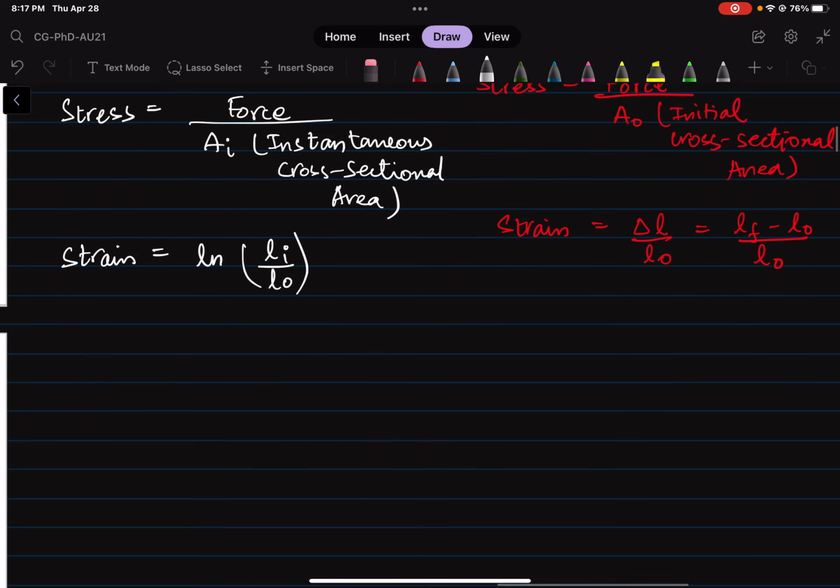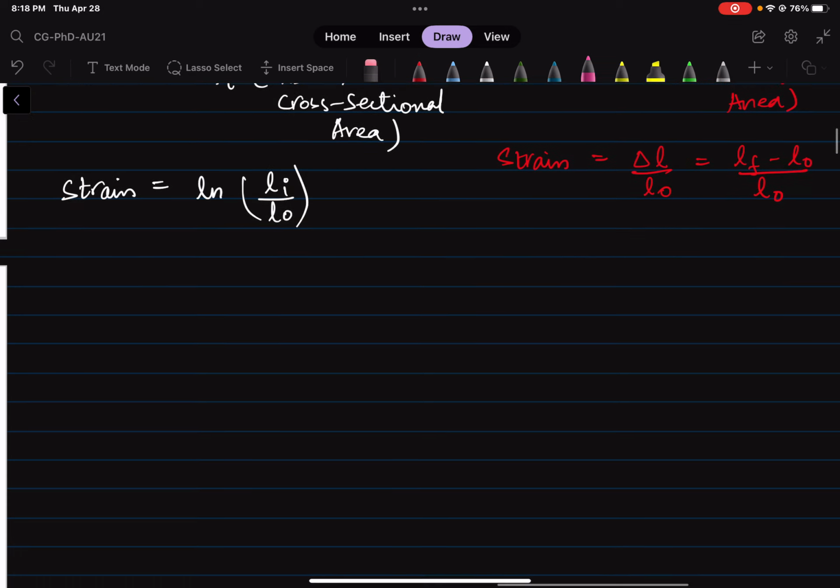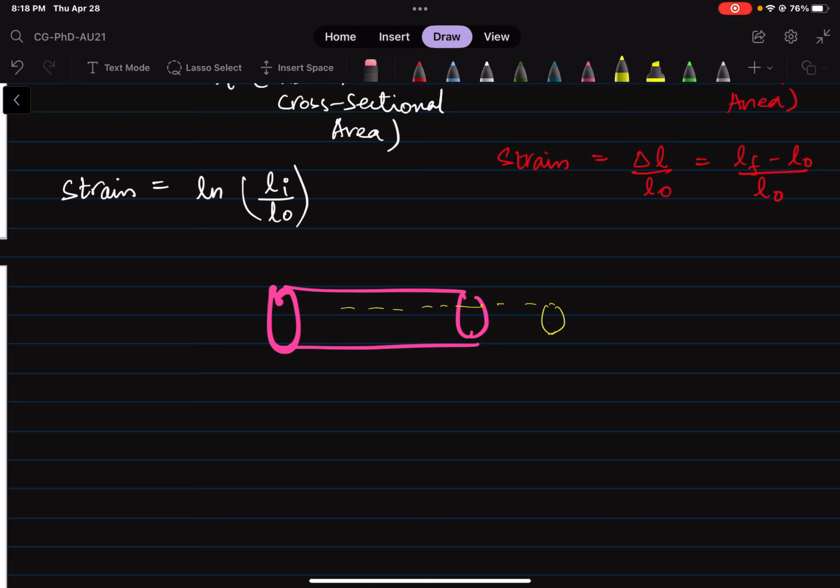And what I'm referring to with the cross-sectional area and the length here is that imagine you have, let's take a rod, for example. You have this rod that you are trying to elongate, and after some elongation it attains this length. So let's draw this out. It has this new cross-sectional area in this yellow color.